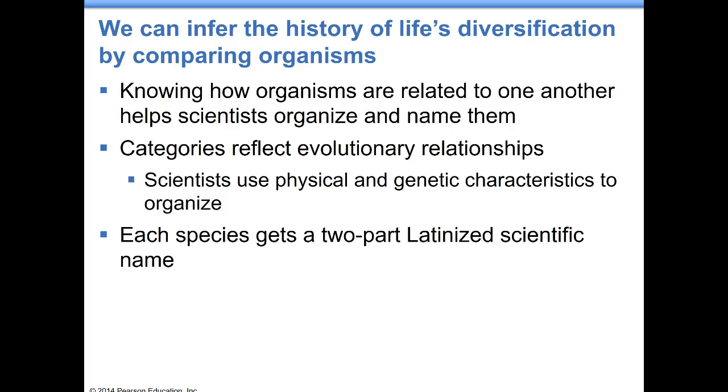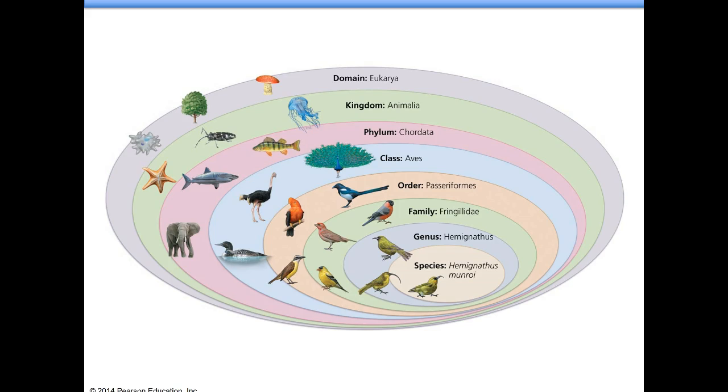And as we know, species will get a two-part Latinized scientific name, a genus and a species, that will identify them and will be the universal name for them. So here is our classification system.